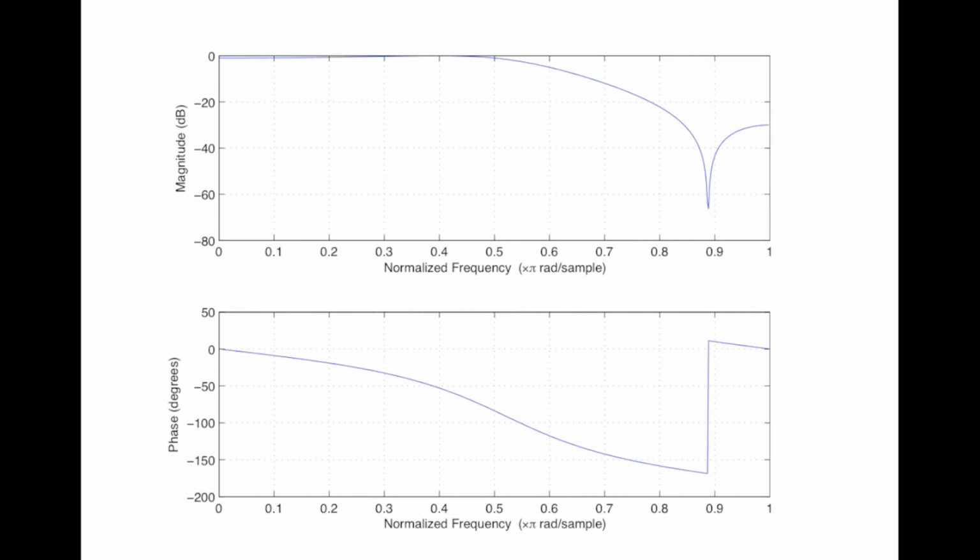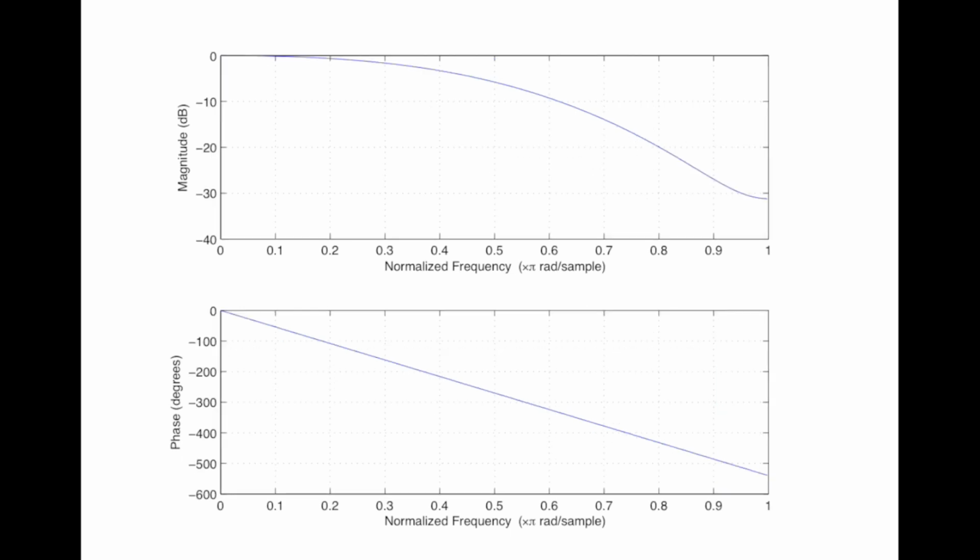The reason for this is probably more intuitive if we now consider a linear phase equalizer or filter. Again, I'm going to show you a low-pass filter where the low frequency is not changed very much, but we are decreasing the magnitude of the high frequencies up here.